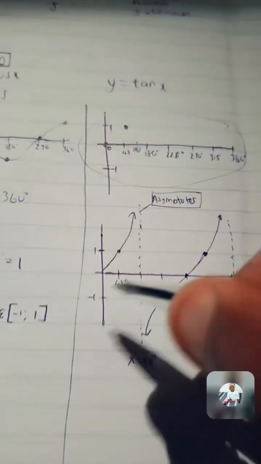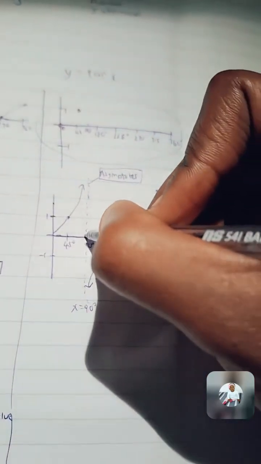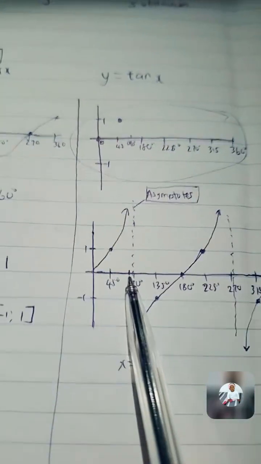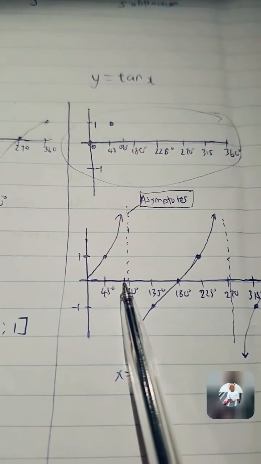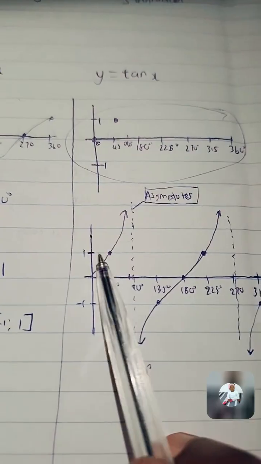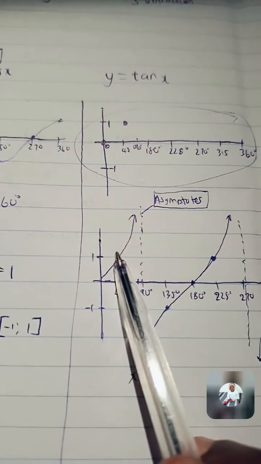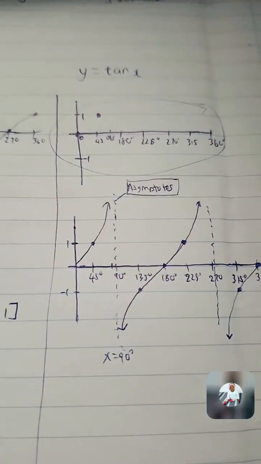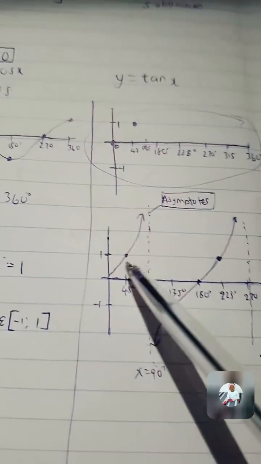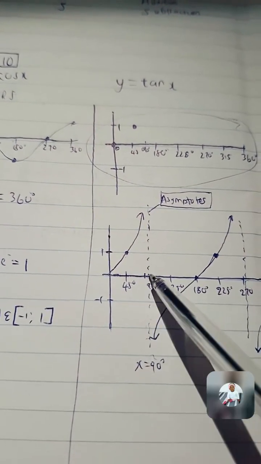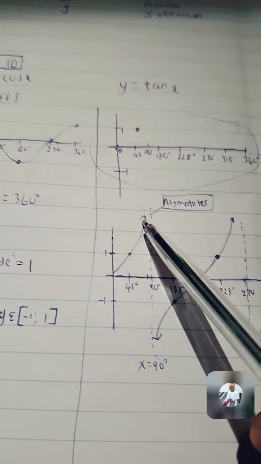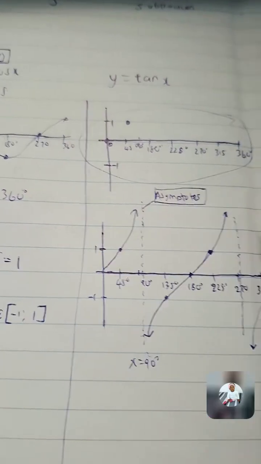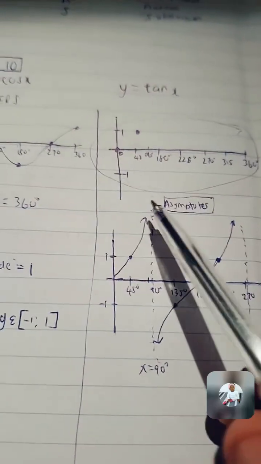If you go to your calculator and punch in tan 89, you will be very shocked at the value you get, because this function increases at an alarming rate. As it approaches 90 degrees, it begins to increase at a very interesting rate.